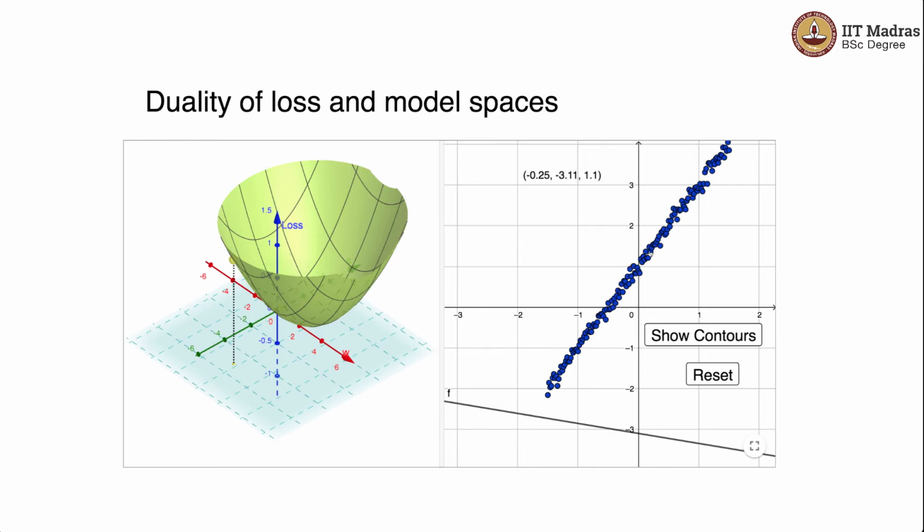So in this case y is equal to w0 plus w1 x1, and the line that you see over here is the current model. And there are three numbers that you see over here.